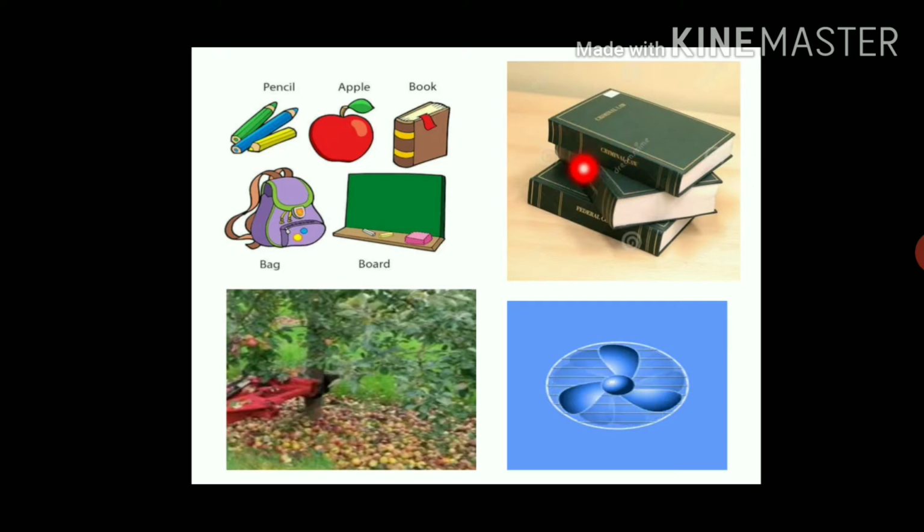This book has very small mass, but the table has very large mass compared to these books, and therefore the table has more inertia than the book. We can easily lift this book, but to lift this table we require more force because of more inertia.